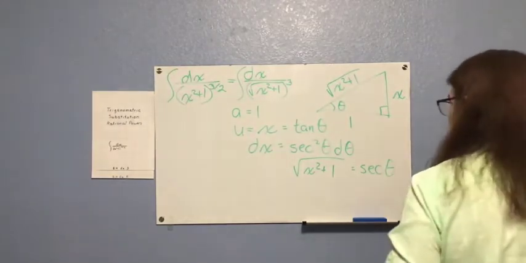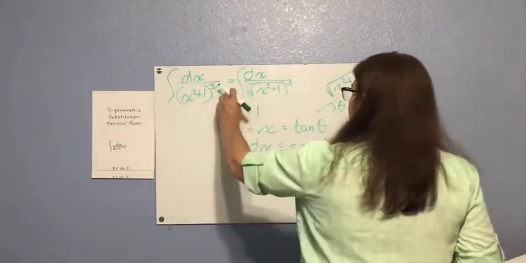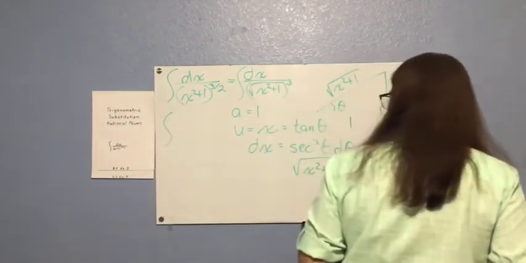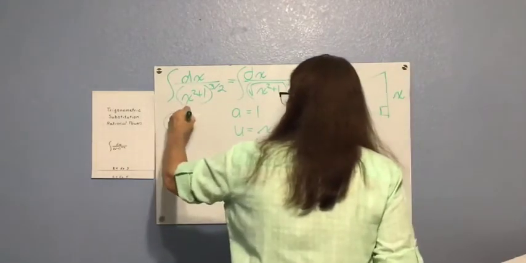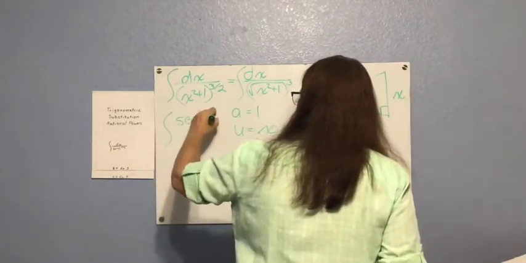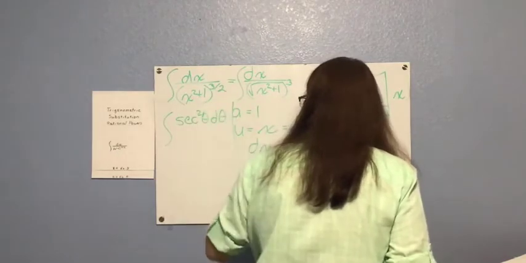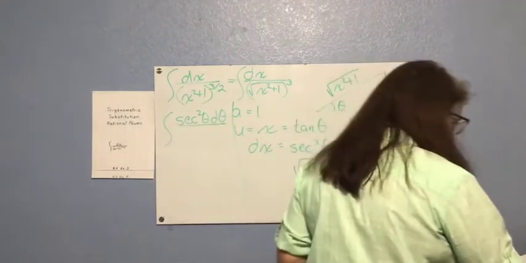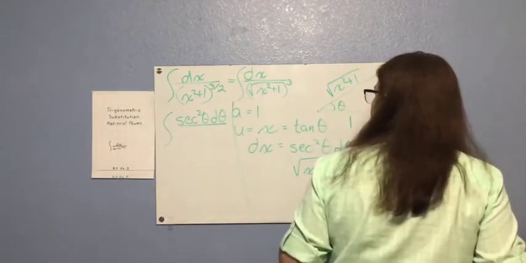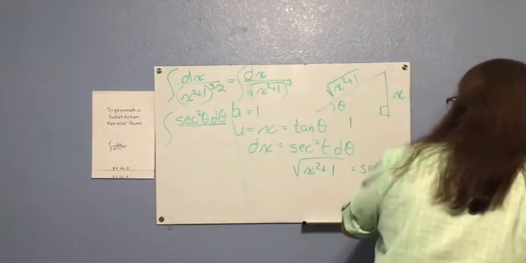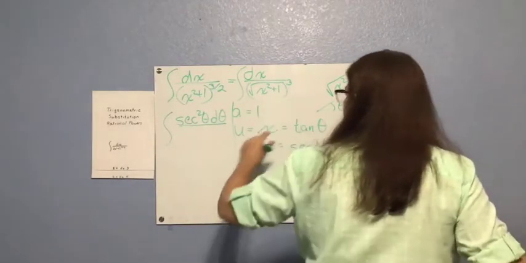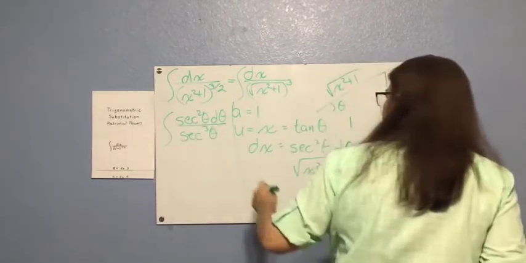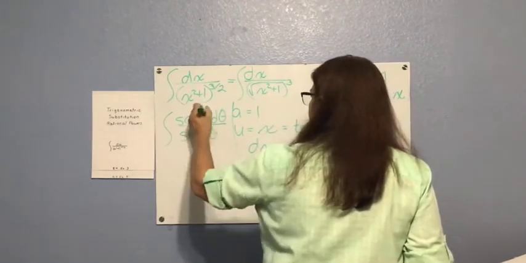Okay, now we're going to apply substitution. So this is going to become the integral on the top, secant squared theta d theta, and underneath that, this radical was secant, so to the third power it's going to be secant cubed theta. Well, these two secants are going to cancel out with two of these.